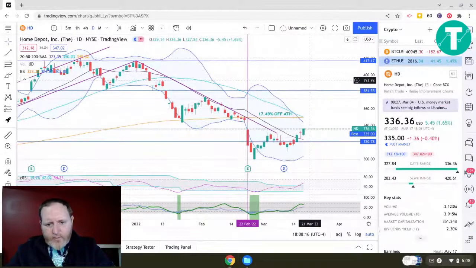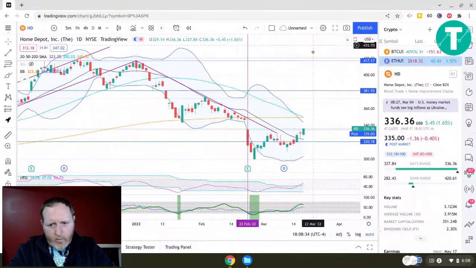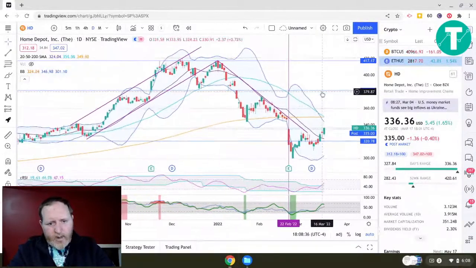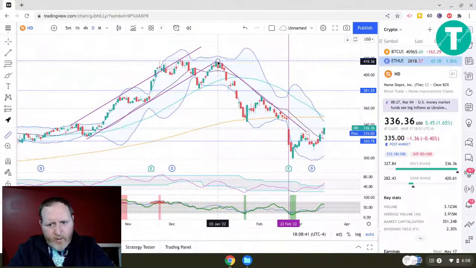Remodels are getting harder to do, and I think that means a slowdown for the housing market and a slowdown for Home Depot, for Lowe's, for Tractor Supply. Just the top three in my mind there. So when we look at this pullback here for Home Depot, a high right here of 420.